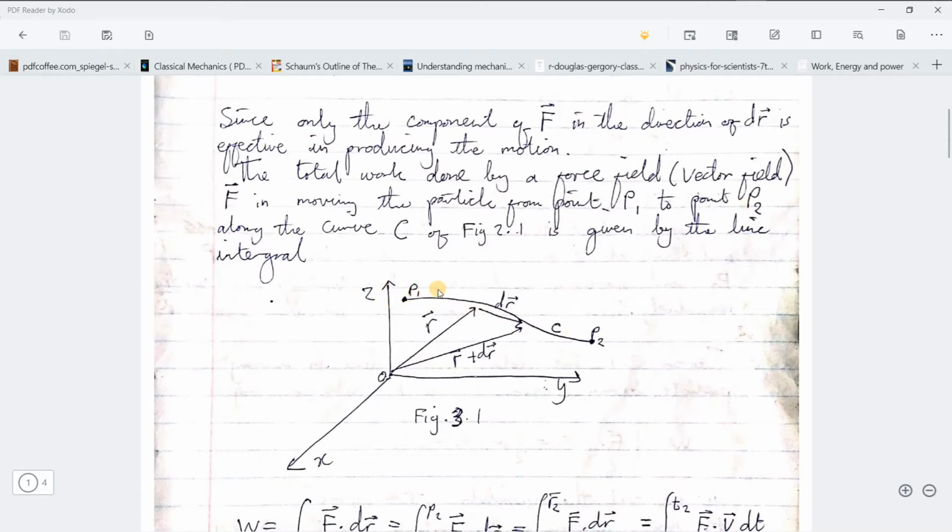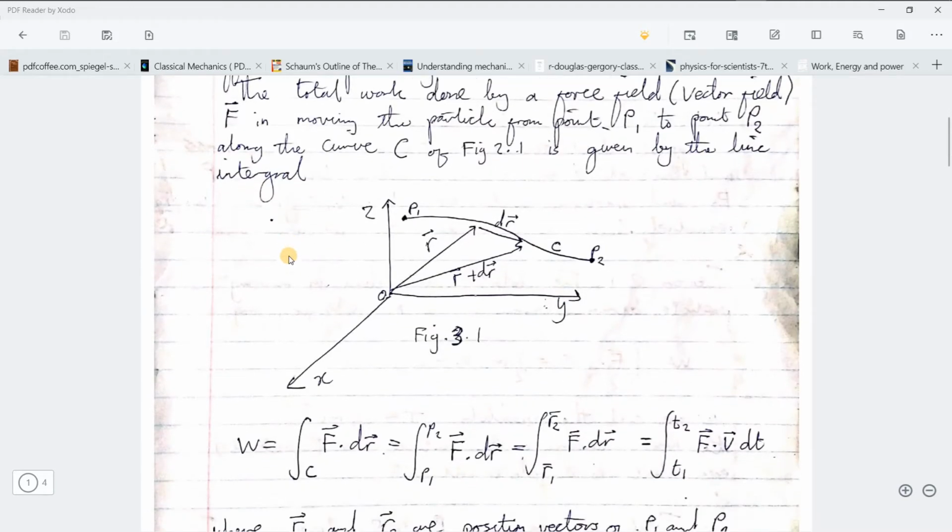Looking at this diagram, we have a particle going from point P1 to another point P2. This force F is the one used to move this particle, which is moving along a curve on the X, Y, and Z axes in figure 3.1.